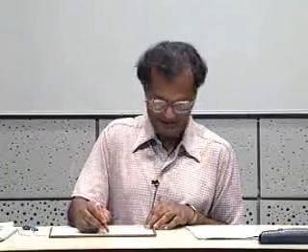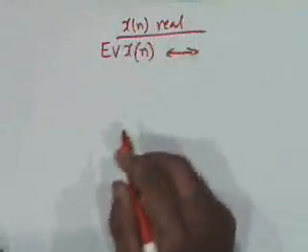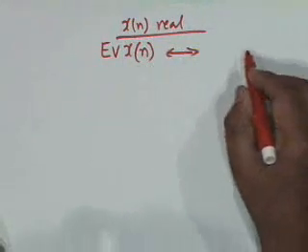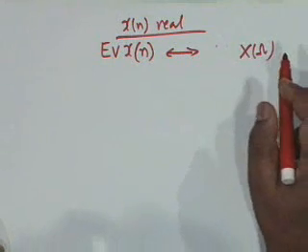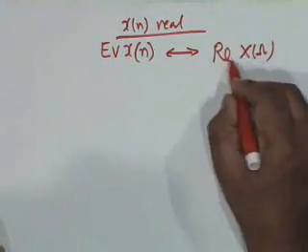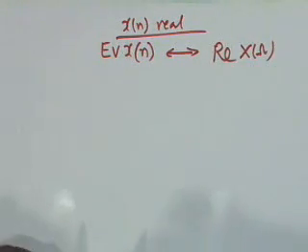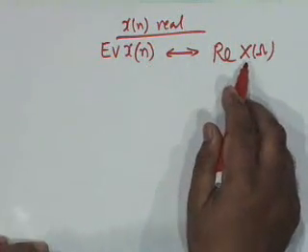I also claim that if I take the even part of x of n, where x of n is real of course, then what is its relation with capital X of omega? It is half of X of omega plus X of minus omega, that is the real part of X of omega. That is, the even part of x of n transforms into the real part of X of omega.